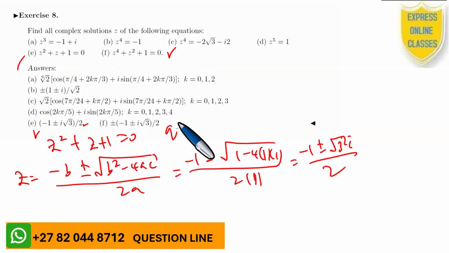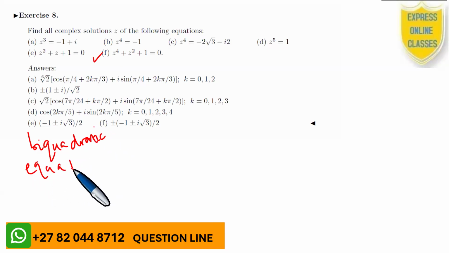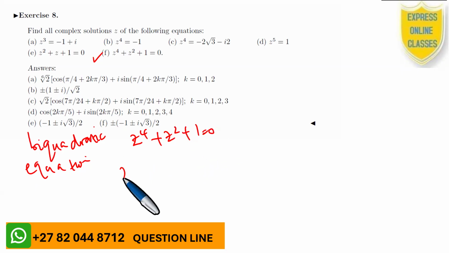So I use the quadratic formula for this. Now for F, use the quadratic formula also, because this is a biquadratic equation. z to the fourth power plus z squared plus 1 equals 0.